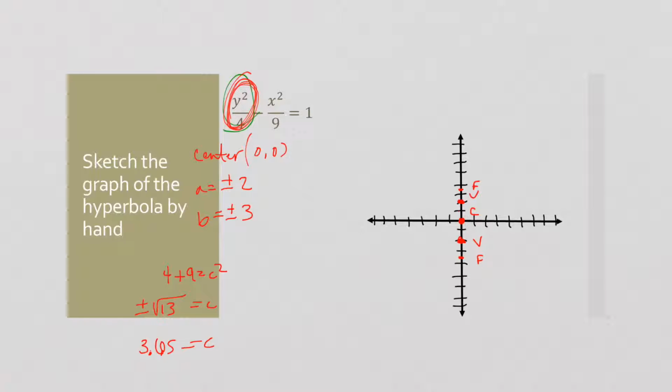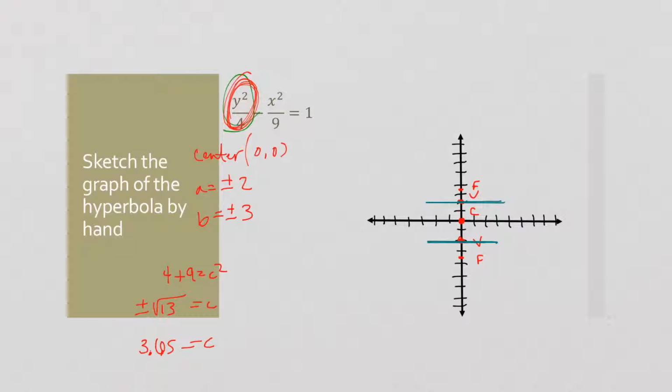Now, how do I draw my hyperbola? So, first thing I need to do is create my box. So my box goes through A, and A was 2 at my vertex. So here's my box. First part of it.